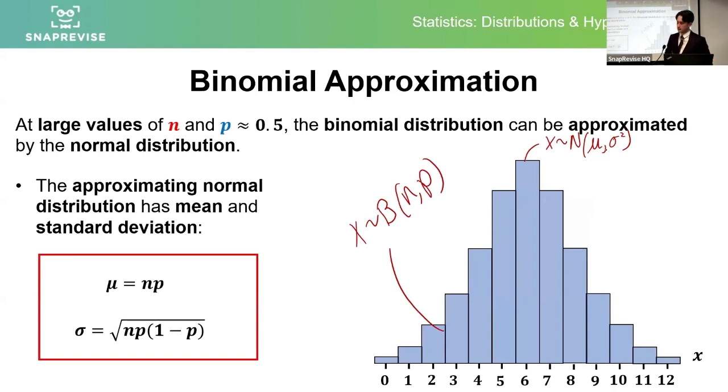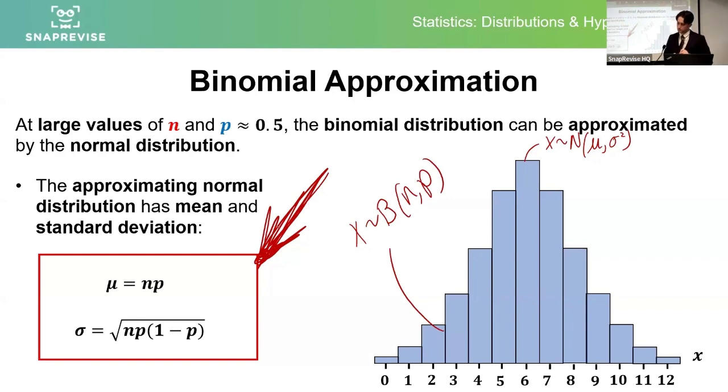Mu is equal to n times p, and sigma would be equal to root n times p times 1 minus p. So this is the key thing to note for approximating. So like I said, if they say using a suitable approximation, it will only be this. There's a few key things to consider. So let's have a little look.